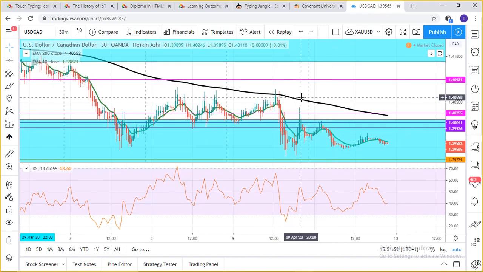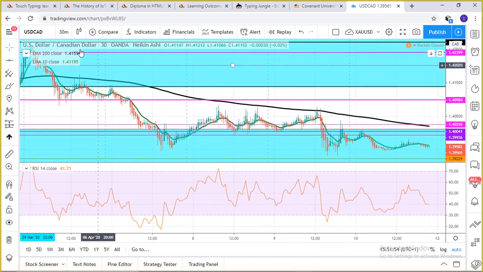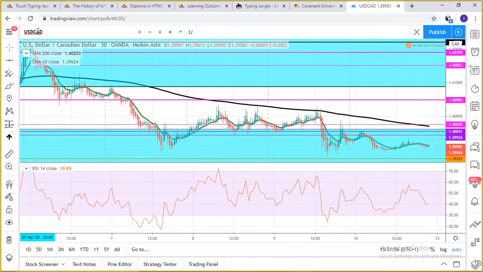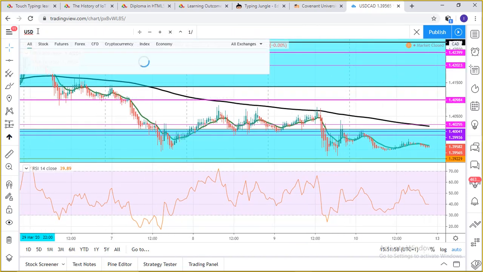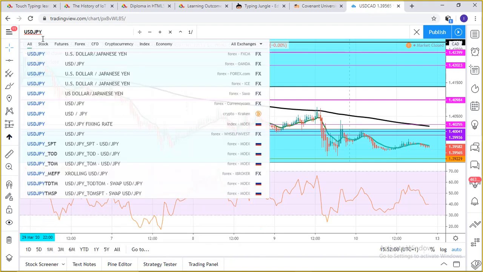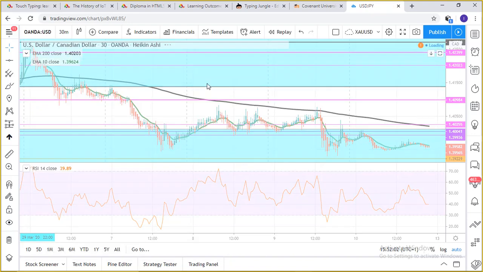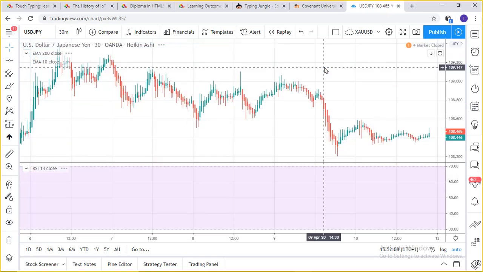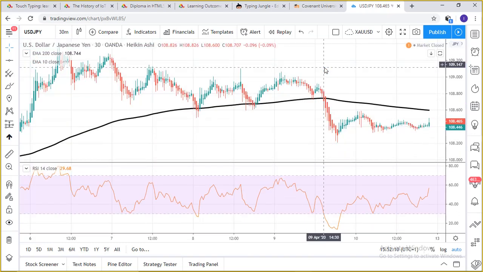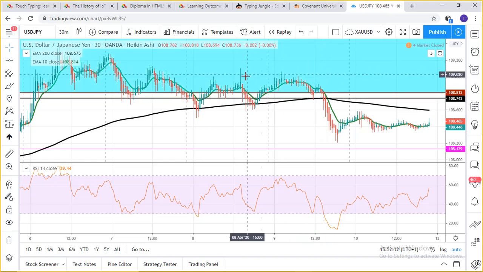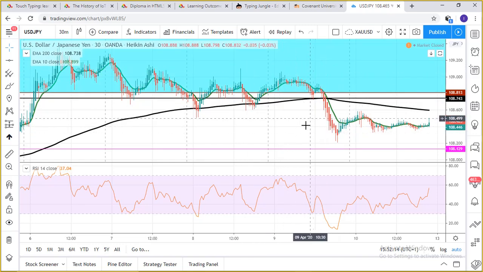Now let's go to the fourth one, USD/JPY. So like we have established that there's more tendency for GBP/JPY to buy, tendency for USD/CAD to buy, but apparently we are selling it.